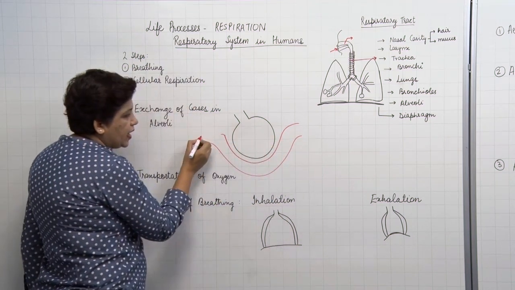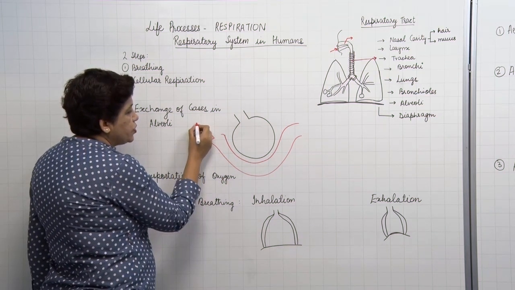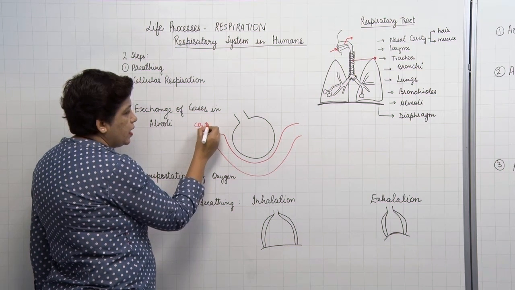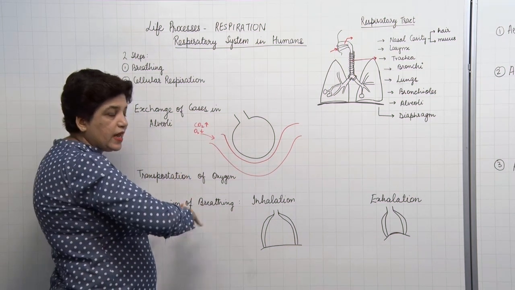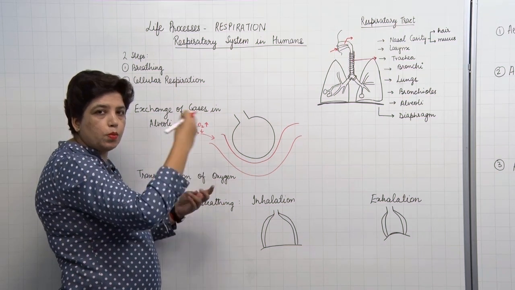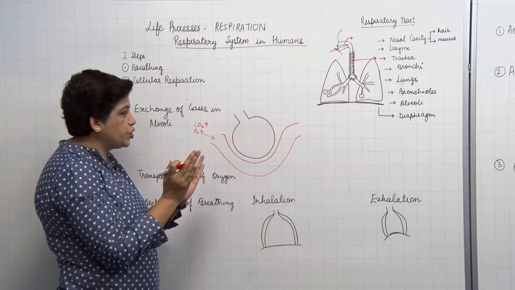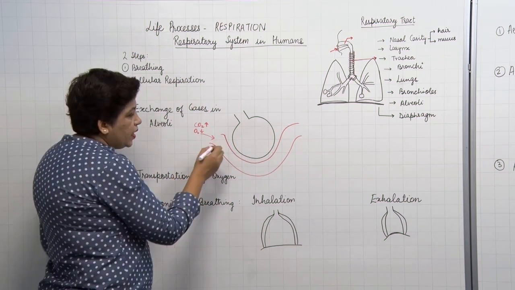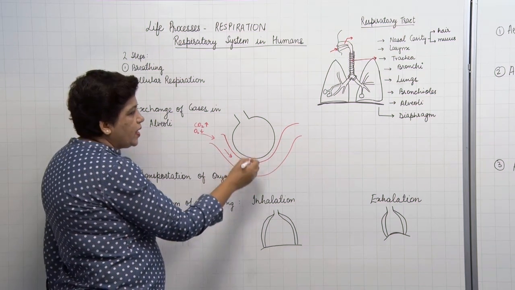The pulmonary artery which comes to the lungs has a high concentration of carbon dioxide and very low concentration of oxygen, because it collects the deoxygenated blood from the whole body, from all the cells, and brings this deoxygenated blood to the lungs. Now, as the blood travels in these capillaries, what happens?